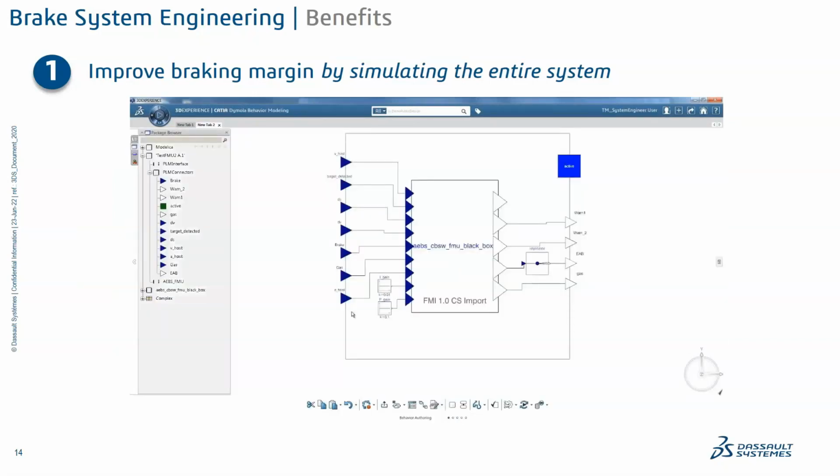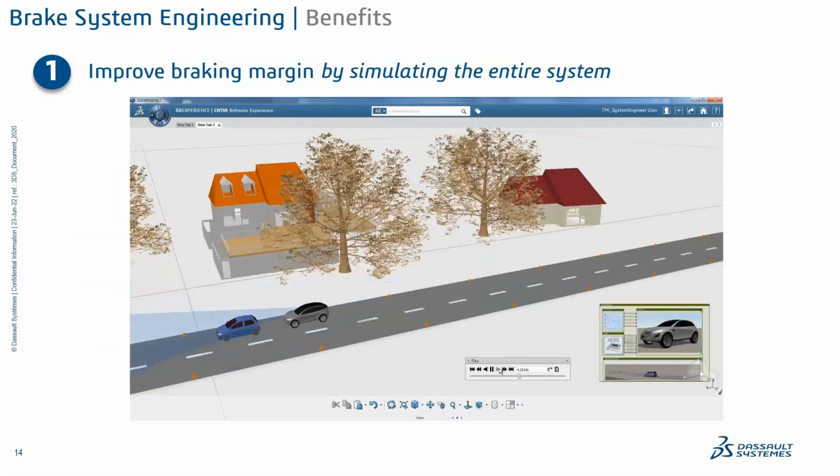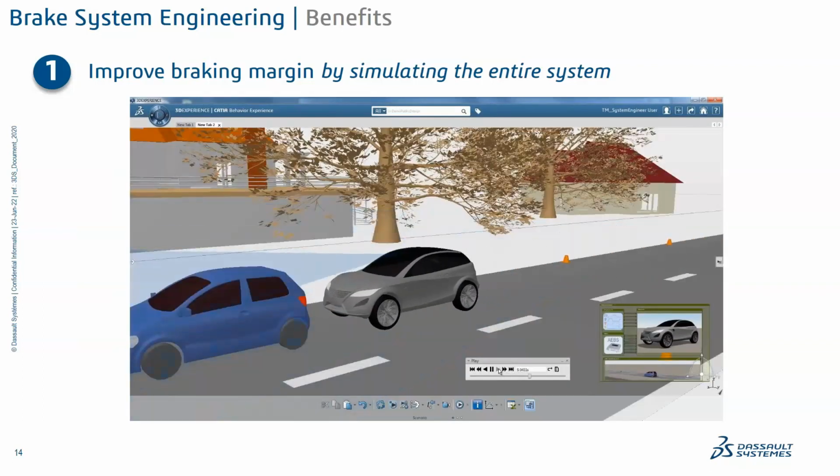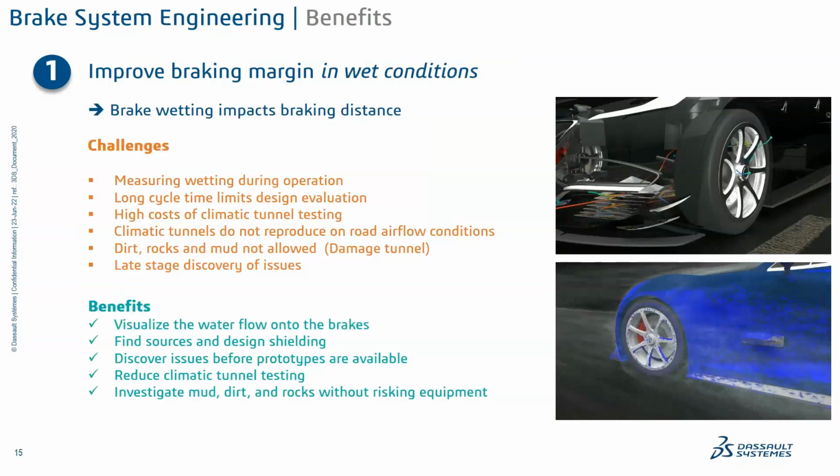With the brake systems IP, engineers can improve the braking margin by simulating the entire vehicle system with a systems modeling solution, which can help to understand the braking margins at different speeds and at different conditions. The data you acquire from these will help you to further optimize your brake and provide a better and safer braking system.